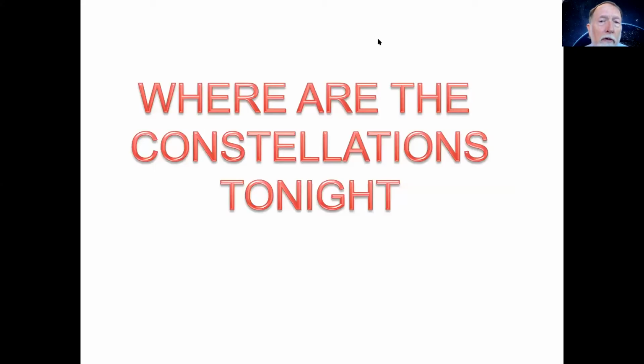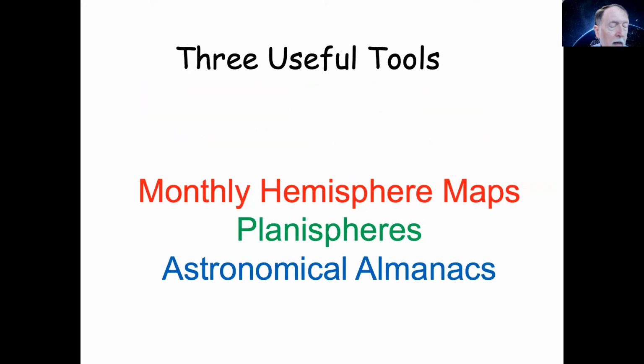So with the patterns that we've just been discussing, the next thing you need to know is where are those particular constellations tonight, or any given night that you're outside and wanting to see things in the sky. You need to know how to nudge or move your telescope around, where to point it, and what to look for. I'm going to refer to 2 types of tools.